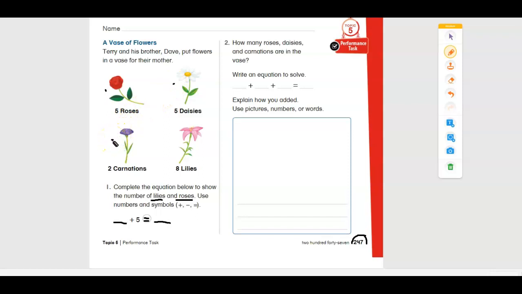We want to see how many of those 3 flowers are in the vase. So you will need to look at the flowers and see the number where it says how many of each flower there are, and fill it in the equation. You can show your work for how you added the numbers together using pictures, numbers, or words in the workspace below.